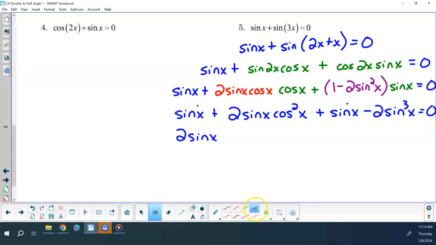And then plus 2 sine of, and then this is, you said 1 minus sine squared. Okay.